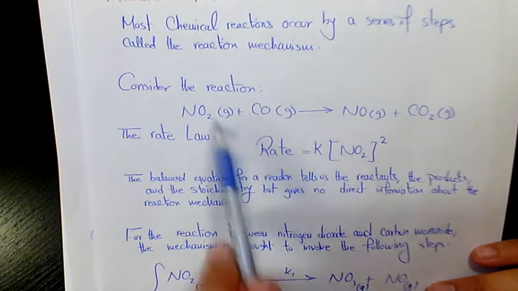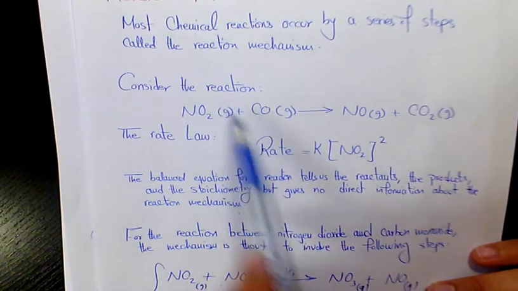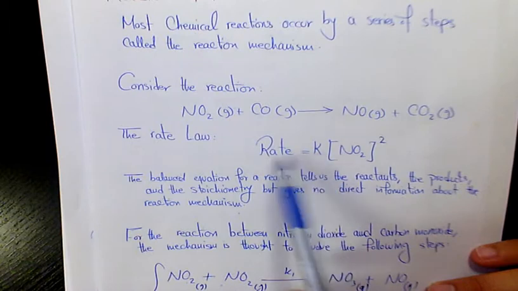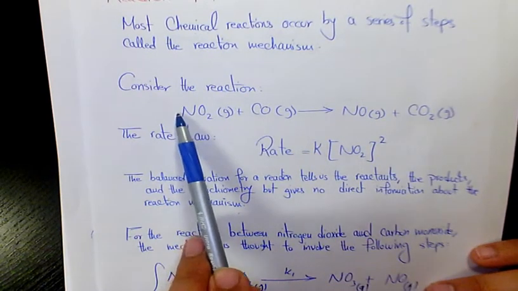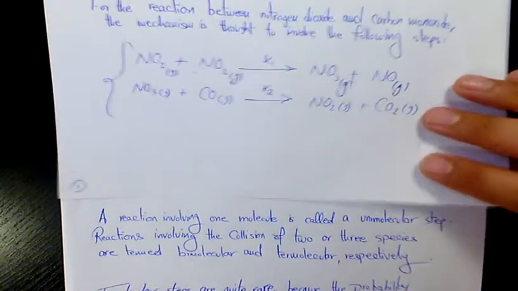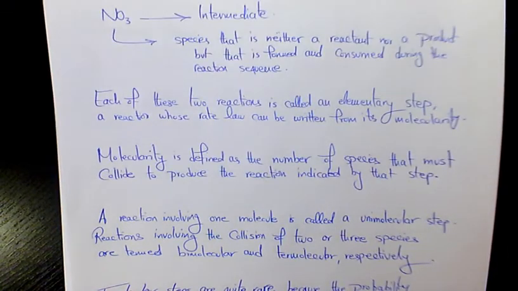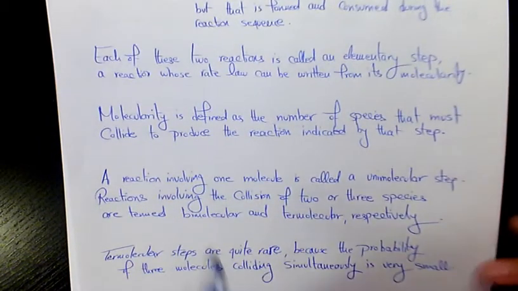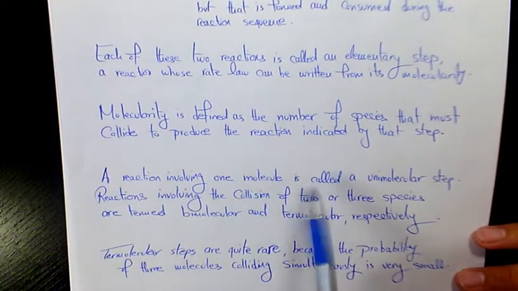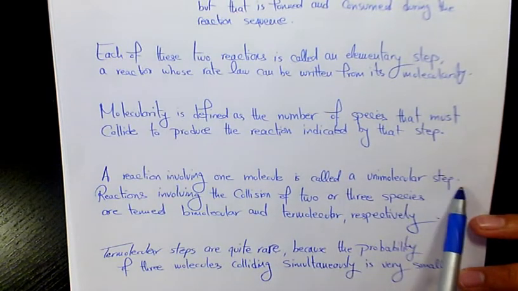As you see here, you can find out the difference. So you cannot directly write the rate from an overall reaction. We can only do it for elementary steps or elementary reactions, because we write the rate law based on the molecularity. A reaction involving one molecule is called a unimolecular step.